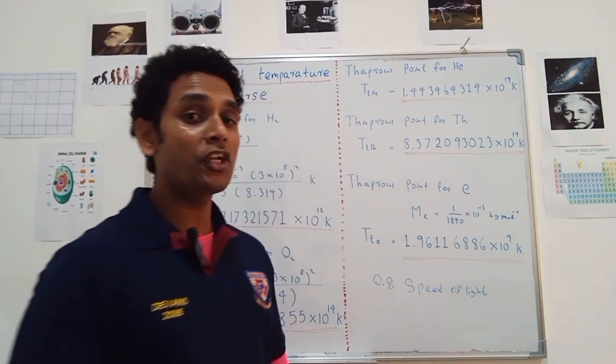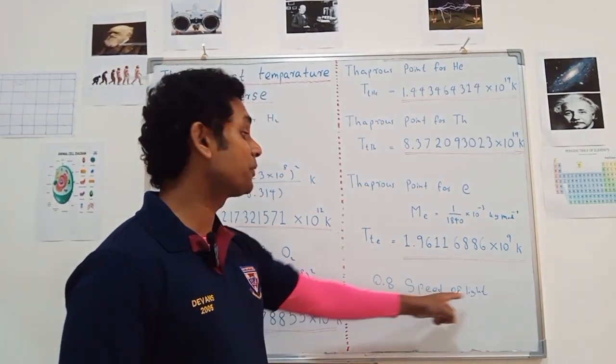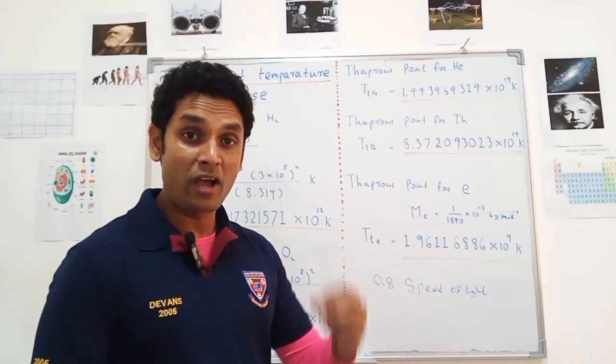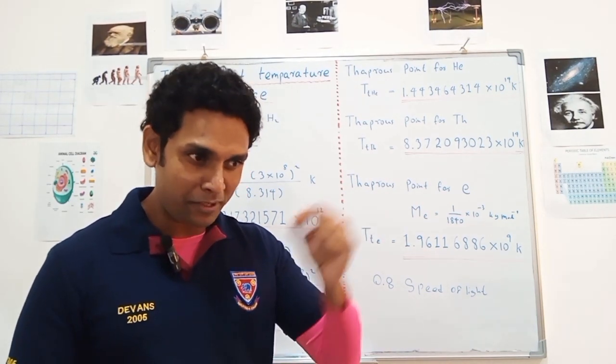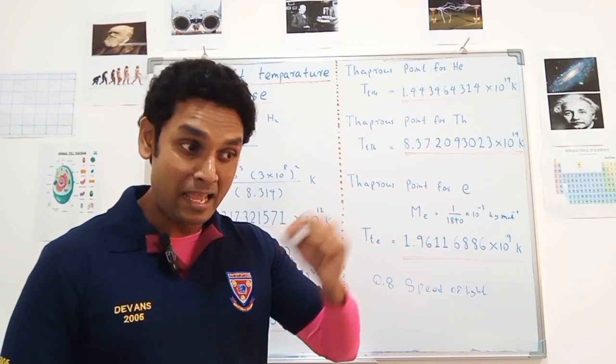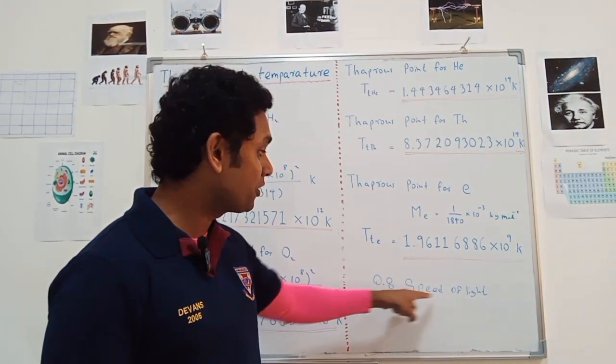In the cathode ray tube experiments, we have seen that the electron can achieve 0.8 of the speed of light. So we can assume that if the electron is vibrating to create a temperature, then it can vibrate at a maximum speed of 0.8 of the speed of light.